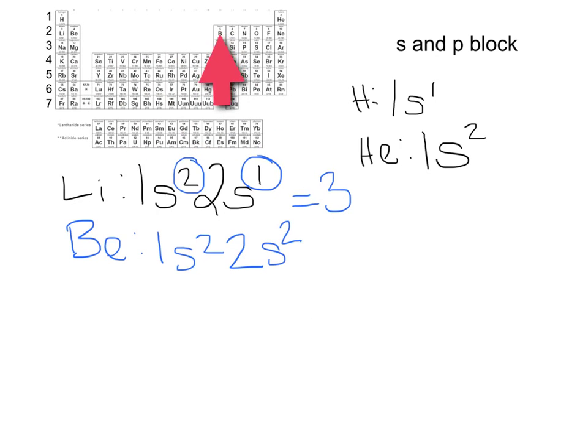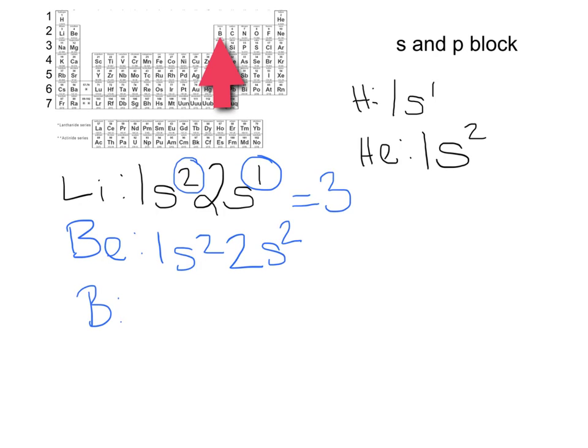So now let's go to boron. Boron is in P block, right? So, same rules apply. Start at the beginning, read your line, then read your next line. So this one is boron.